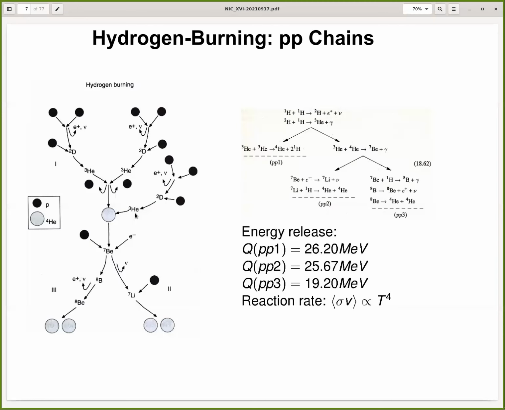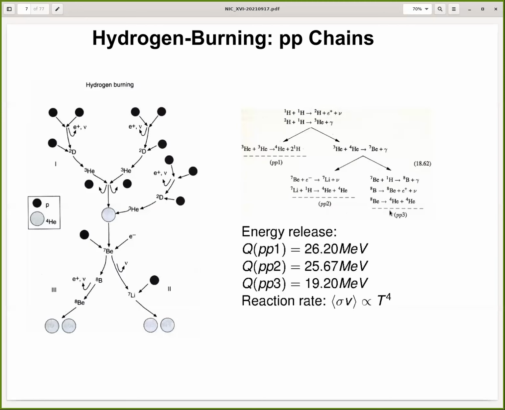Then you have your helium-3, and then for the PP2 and 3 chains, you use one of these helium-4 to catalyze the burning of this helium-3, at some point adding an extra proton and having another decay, and then make another helium-4 come out. So for the PP1 chain, basically the protons self-catalyze, and for the PP2 and PP3 chains, it is actually a helium that catalyzes the burning of hydrogen to helium.